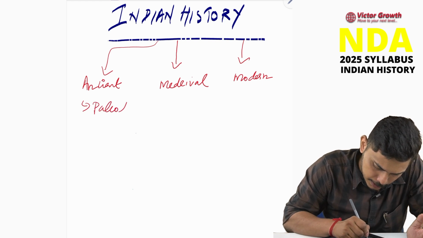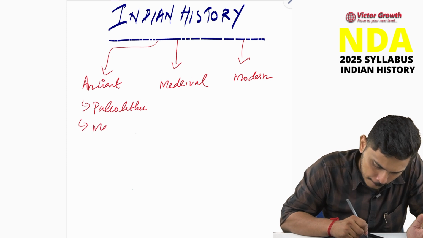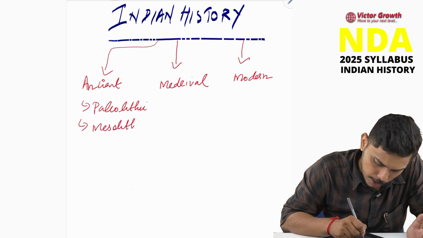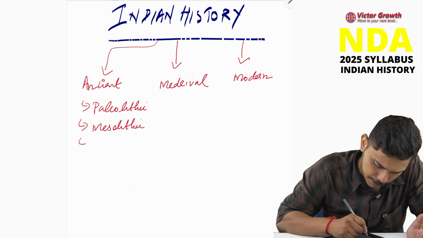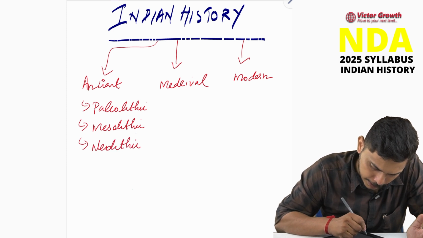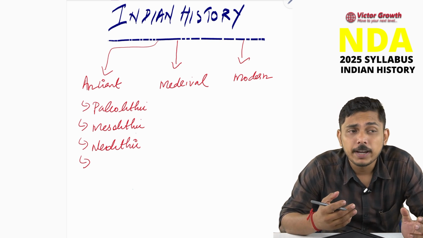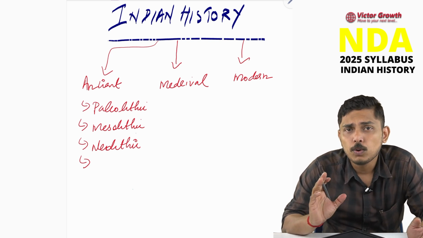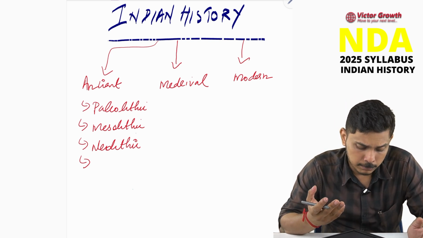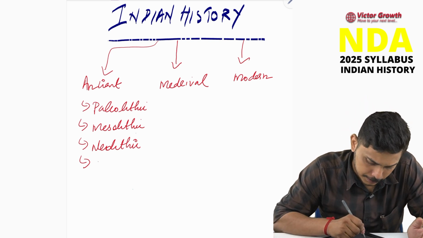So we need to know the ancient history, starting from Paleolithic, then Mesolithic, Neolithic. Then after the Stone Age, we find the use of copper. Beginning from this age, it is known as the Chalcolithic period.